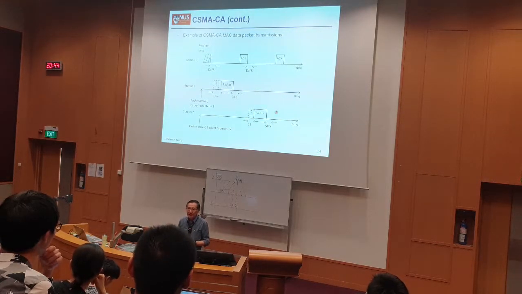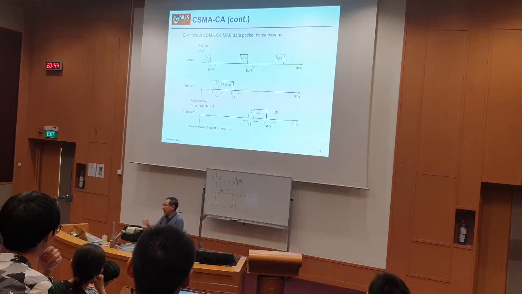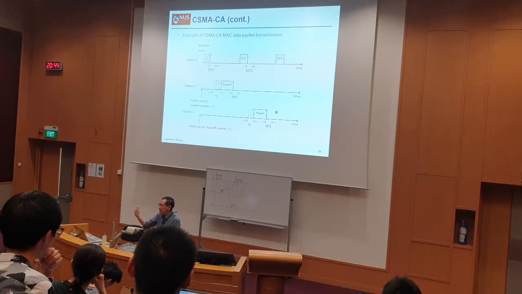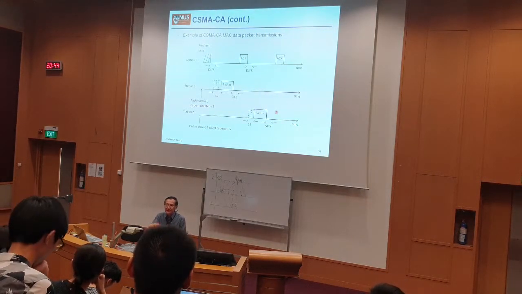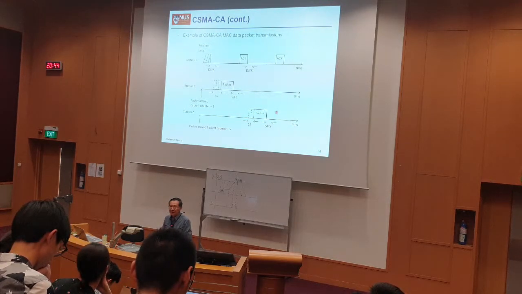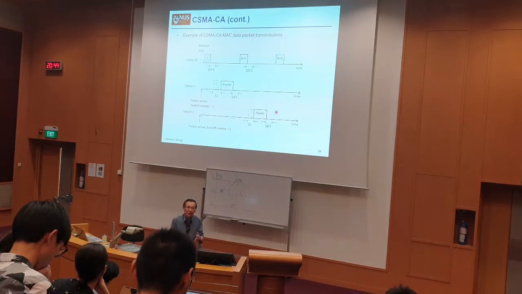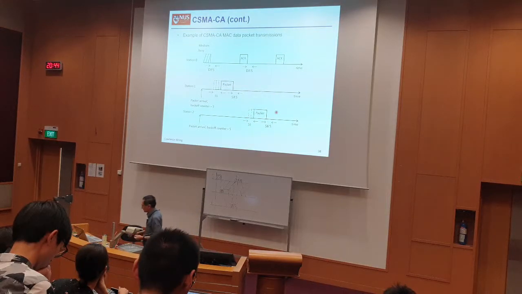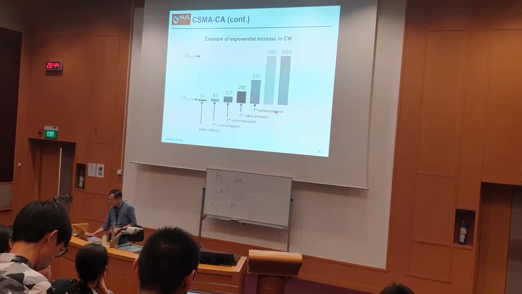Remember just now we were saying every time you are unsuccessful, your back-off counter will increase. If you didn't get acknowledgement, you increase your back-off counter. But once you're successful, your back-off counter goes back to 0. So the back-off time is less than 2 to the power of 5 minus 1.